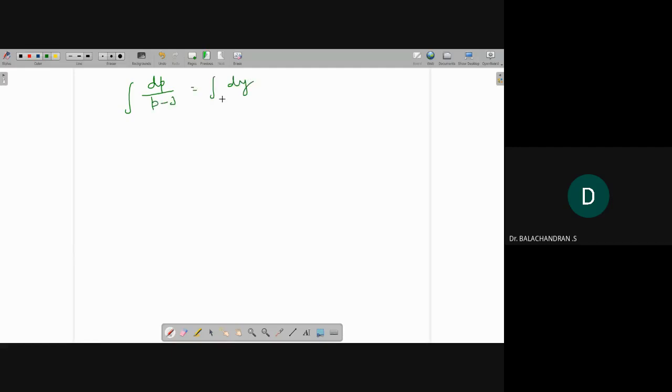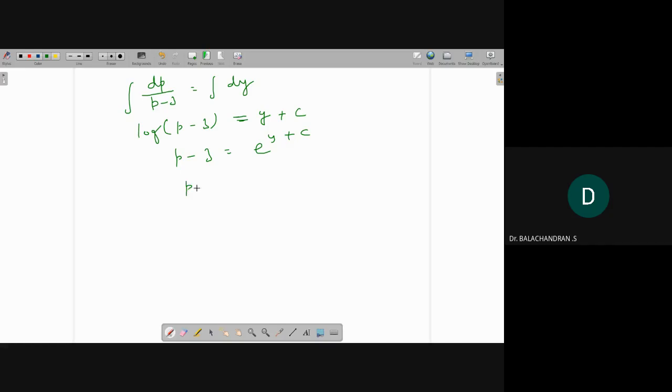So log of (p minus 3) equal to y plus c. So p minus 3 equal to e power (y plus c).